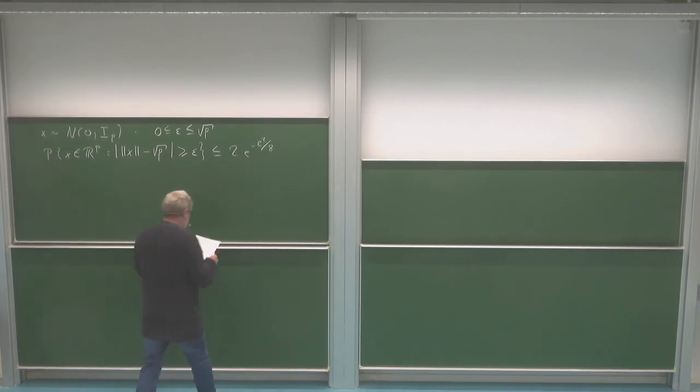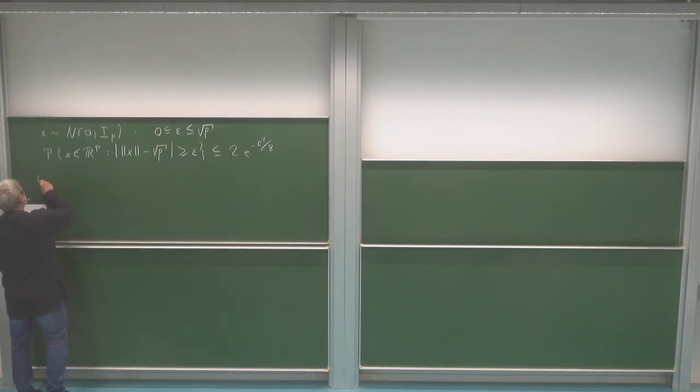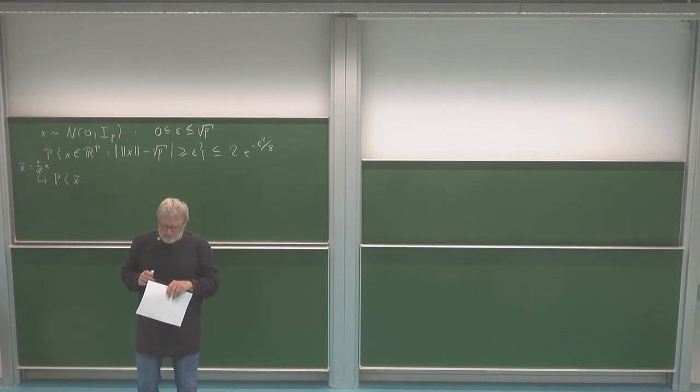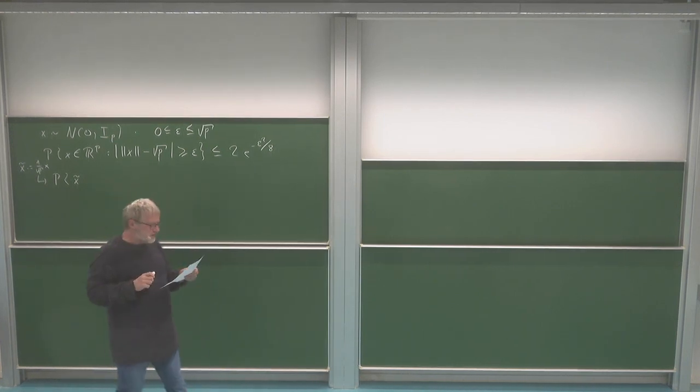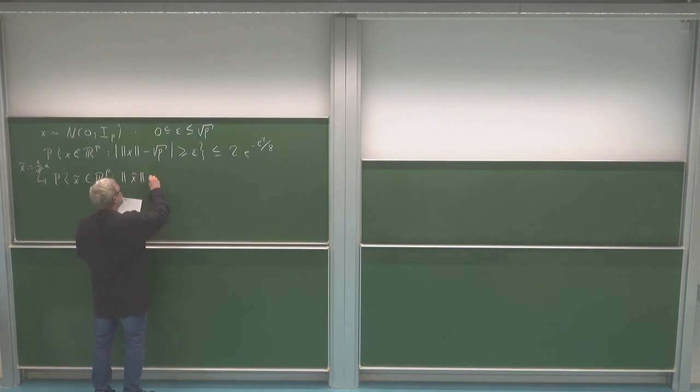Good. Maybe let me do it also in a rescaled version, because maybe this is more intuitive. So I wrote it with the x twiddle, that's the rescaled one. So this is 1 over square root of p times x. This is where all the components have variance 1 over p. And for those, this estimate goes over to x twiddle.